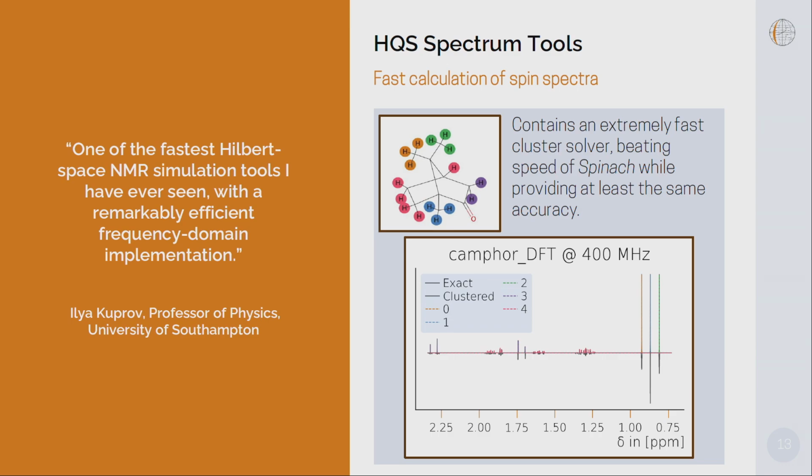Then there's spectrum tools. This is also something that we're very proud of. This is a cluster solver, which actually beats Spinach, which is an NMR solver, like the product that is out there. And even Ilya Kuprov, the guy who is responsible for Spinach, remarked on our solver. Spinach, of course, has a lot of other things.